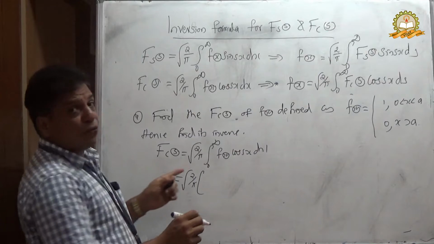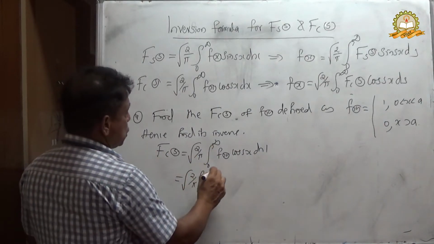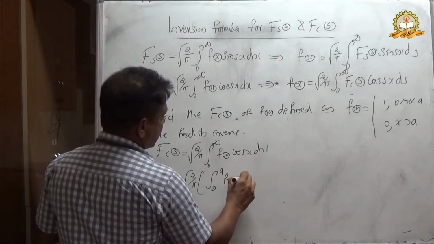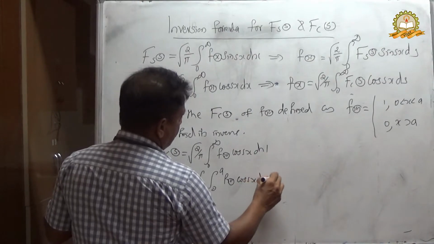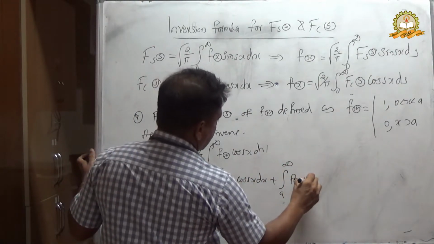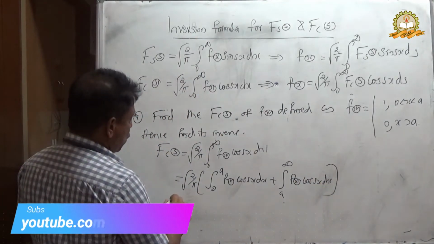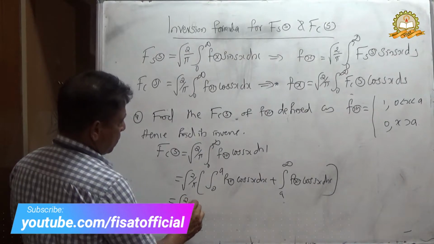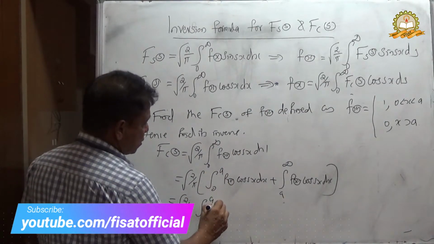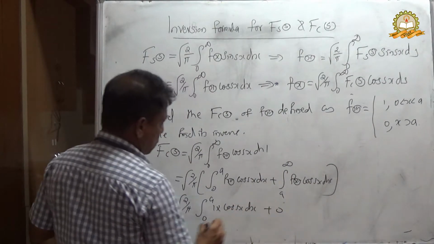By the property of definite integral, we can split the limit 0 to infinity as 0 to a f of x cos sx dx plus a to infinity f of x cos sx dx. Then root of 2 by pi times the integral 0 to a, where the function is 1, of cos sx. In the second case, it will be 0.